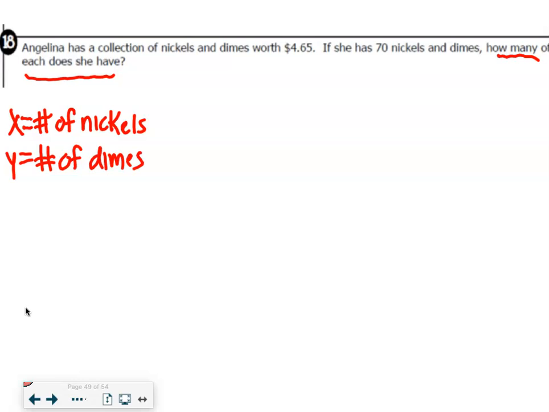Perfect. So now I have two things. I have how much money, like the money value, and how many total coins. So let's first write the total number of coins she has. So it says she has a total of 70. I don't know how many of each, but I know my nickels plus my dimes equals 70 total coins.